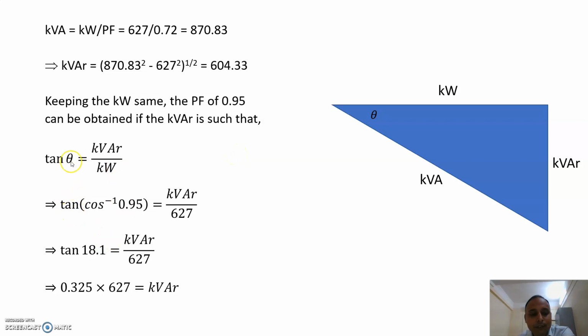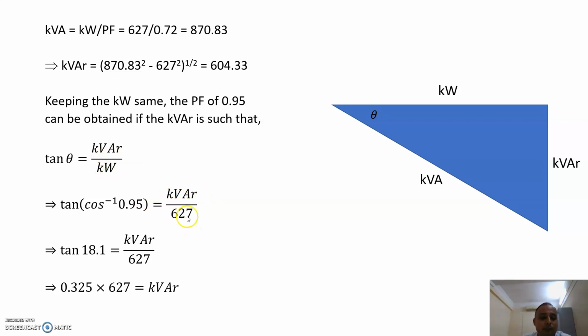Tan of theta is to be obtained from the power factor. Power factor is cosine of theta. Cos theta is 0.95, that's our target. So theta is cos inverse of 0.95, and we write that in place of theta here, which is equal to kVAR divided by 627.